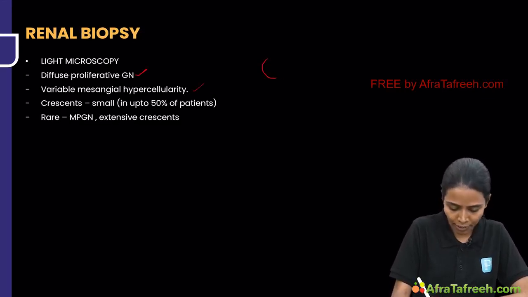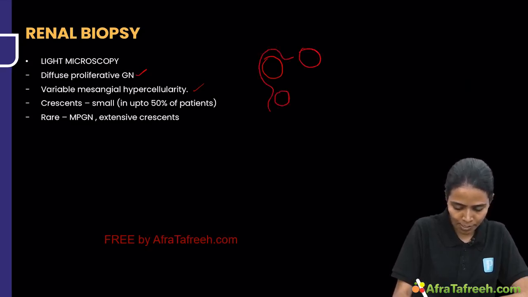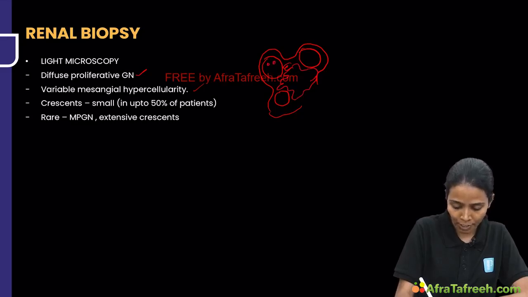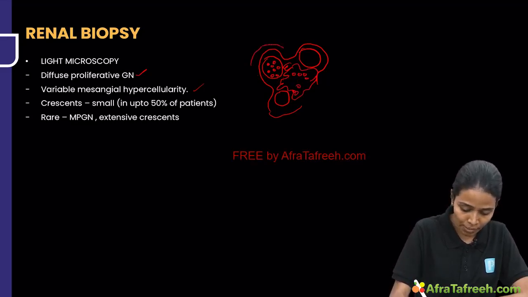You know that every glomerulus is made up of multiple endothelial cells. Then GBM is covering like this, and in between is the mesangium. So there can be glomerular hypercellularity. Imagine multiple cells here. There can be mesangial hypercellularity also, and outside the GBM is the podocyte, right?